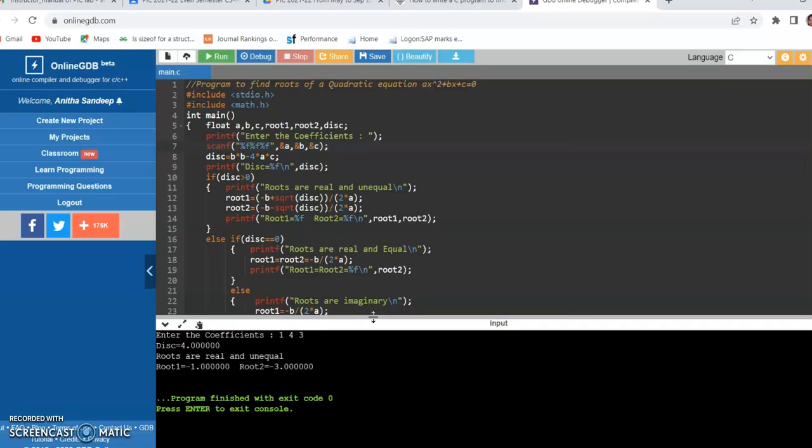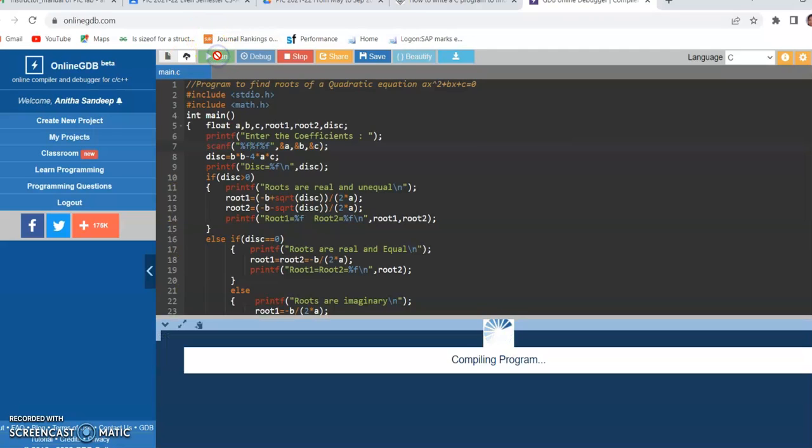So the discriminant is b square minus 4ac, which is 4, and the roots are real and unequal, and root 1 is minus 1 and root 2 is minus 3. Let us check with the second case. 1, 2, 1. So here discriminant is 0, so it is the second case. So the roots are real and equal, and root 1 and root 2 are equal to minus 1.